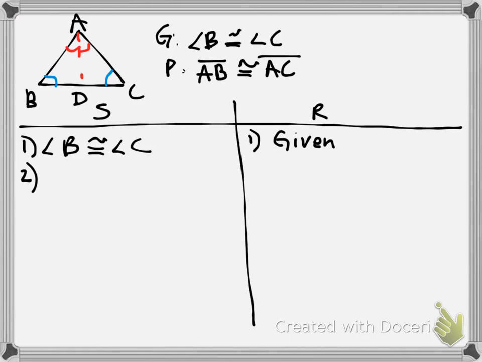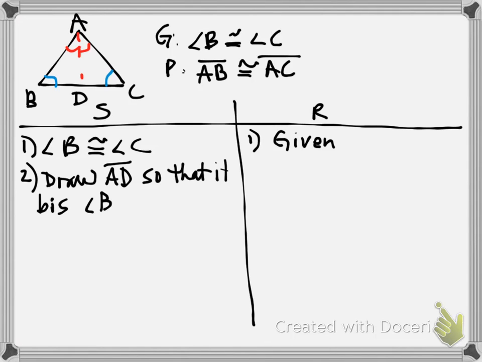So we're going to do exactly the same auxiliary line definition that we did before. So you're going to draw segment AD so that it bisects angle BAC, and we're going to use the same reason through the Protractor Postulate.